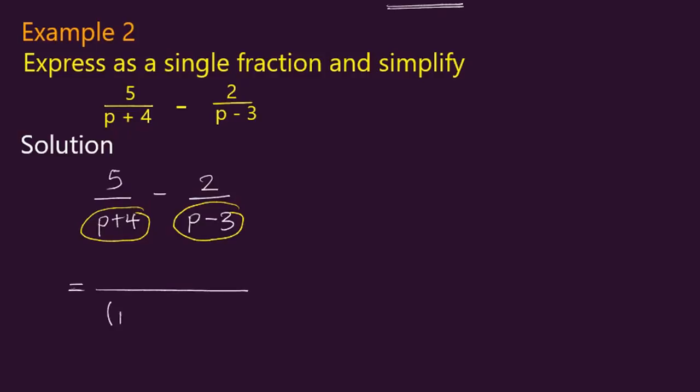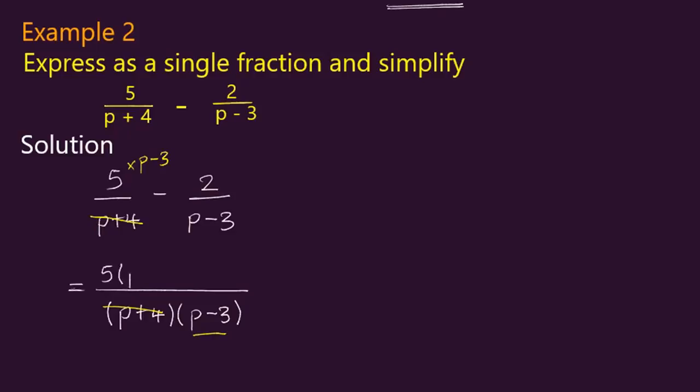So that becomes our LCM. Next we divide p plus 4 into this whole denominator, and p plus 4 will cancel out with p plus 4, and we'll be left with p minus 3, and we multiply that by the numerator. That means we'll be having 5 of p minus 3.